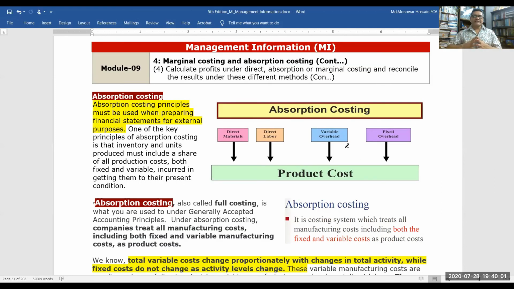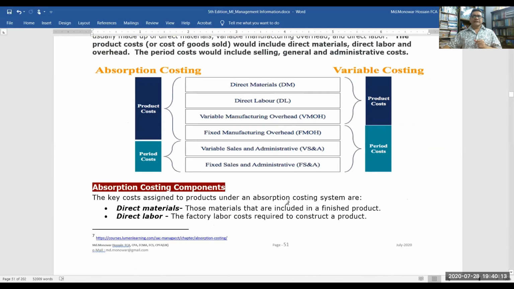So it is the basic difference between absorption costing and marginal costing. Today we discussed absorption costing. Absorption costing is a system which treats all manufacturing cost, including both fixed and variable cost, as product cost. The basic difference between absorption costing and variable costing is that only fixed manufacturing overhead is included as product cost under absorption costing, but under variable costing it is included in the period cost.